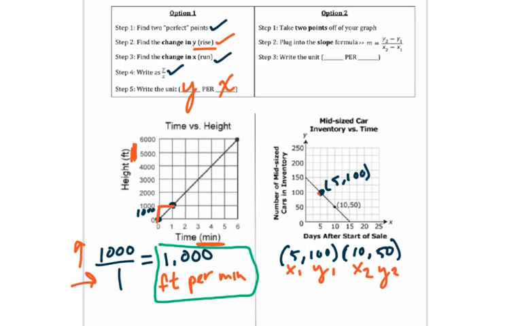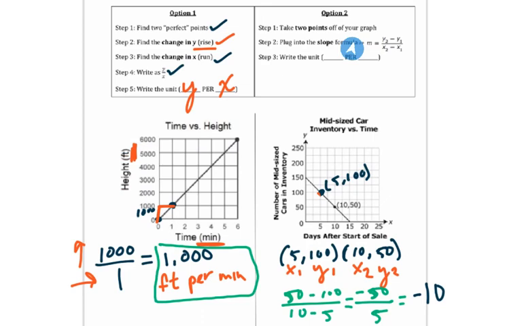Now I'm going to do y2 minus y1 over x2 minus x1. 50 minus 100 is negative 50. 10 minus 5 is 5. Negative 50 over positive 5 is the number negative 10. So my slope is negative 10.